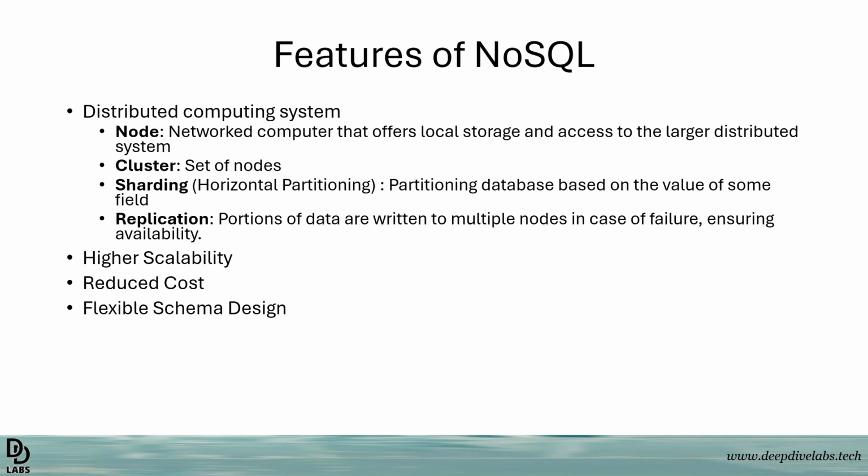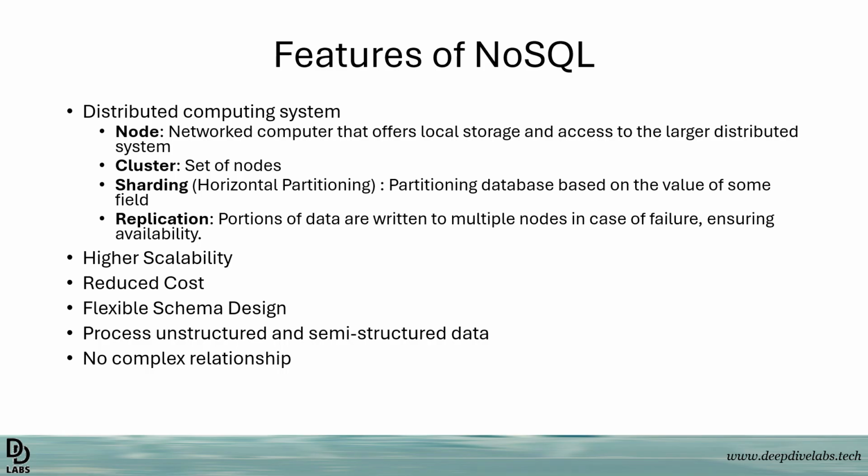So reduced cost in terms of hardware, flexible schema design that we have already seen, the ability to process unstructured and semi-structured data, right? And then no complex relationships, and most often all of the NoSQL databases are open source.